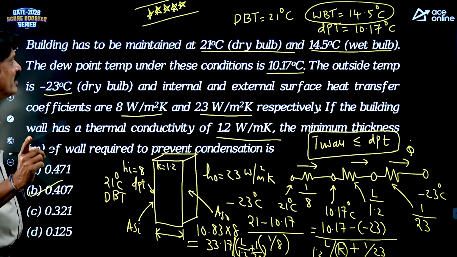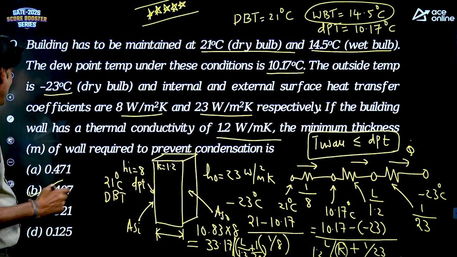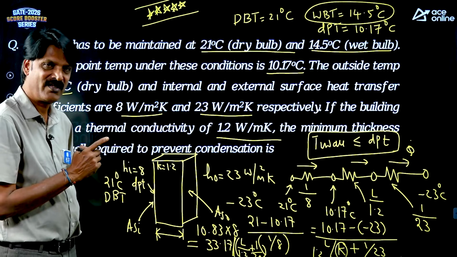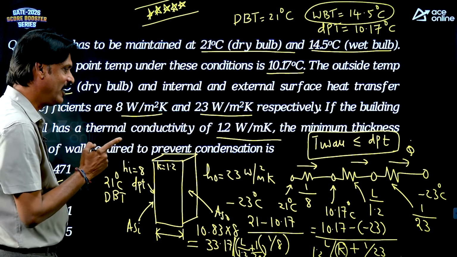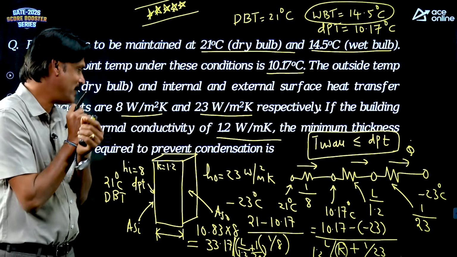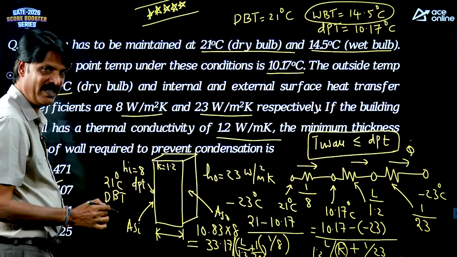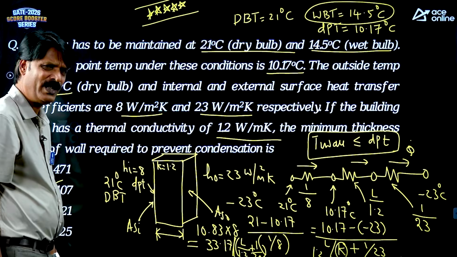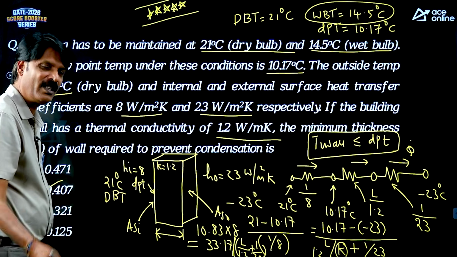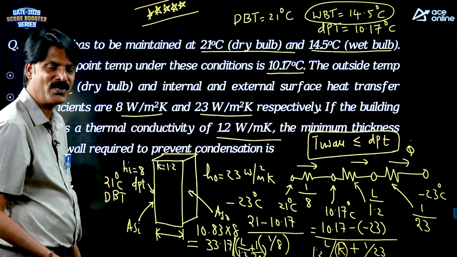Very good question. If you are really looking at this particular question, this is giving you which particular temperature you have to take. That means to prevent condensation inside, outside it is minus 23 degrees centigrade. It is far less than the dew point temperature of the air that is available outside.